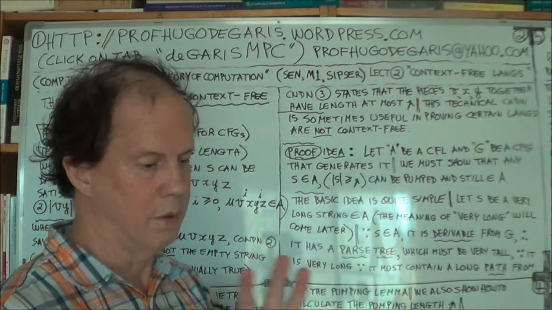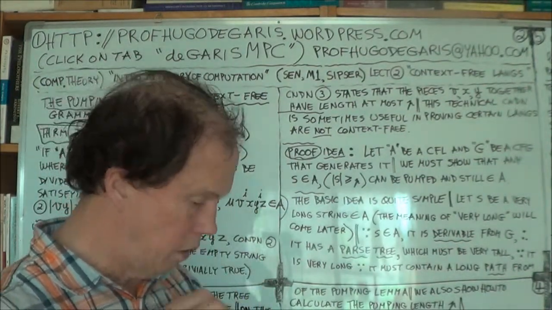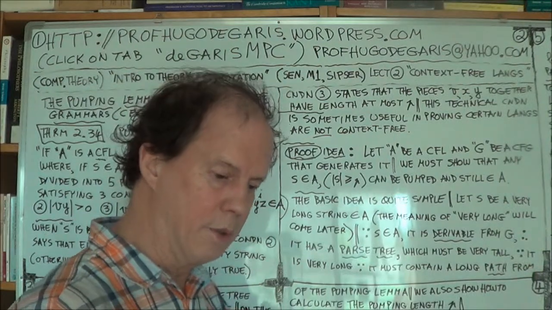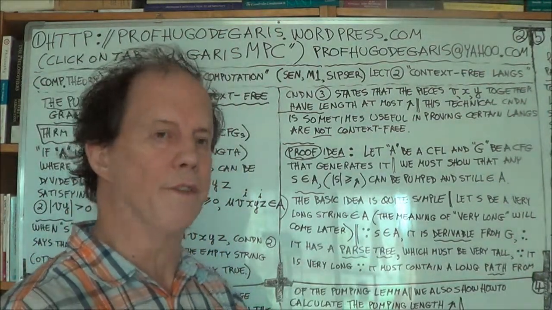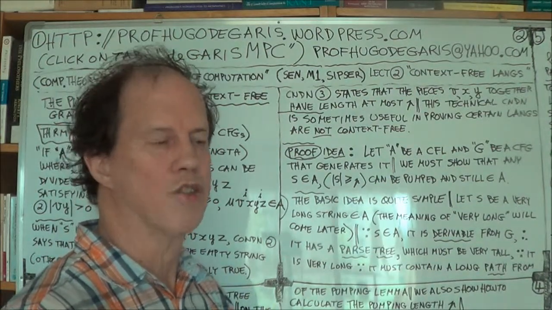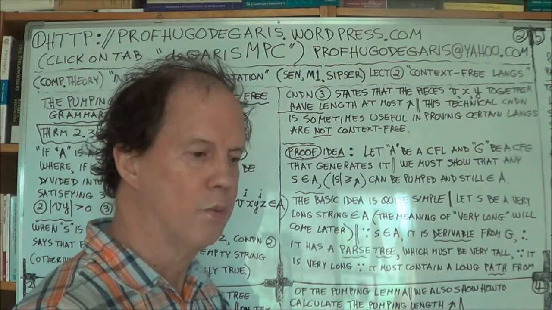So you will be able to derive many different strings consisting totally of terminal symbols at the bottom, at the leaves of the tree. The leaves of the parse tree are strings consisting totally of terminal symbols.